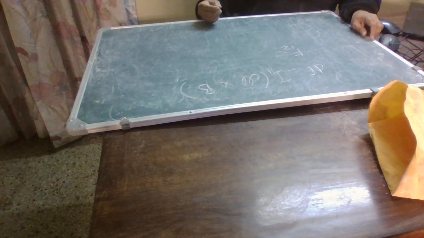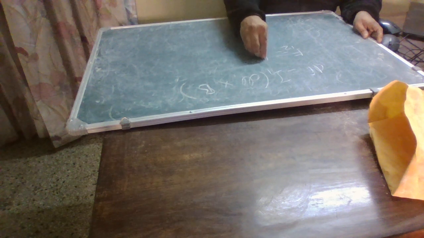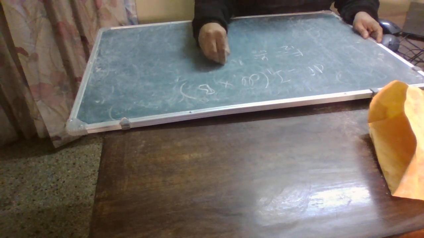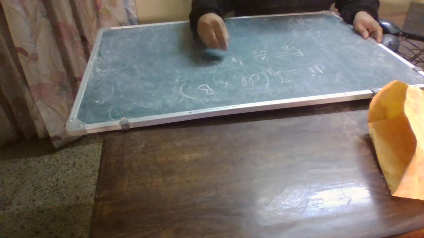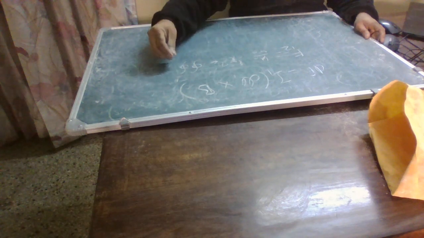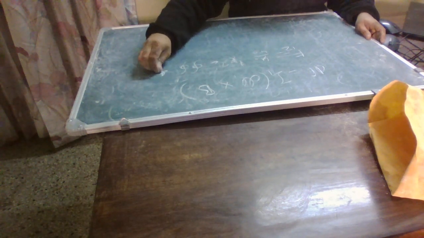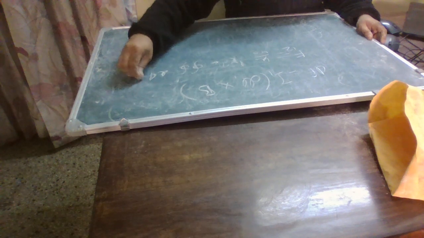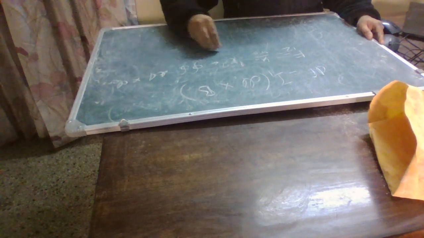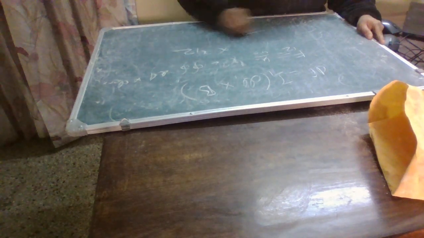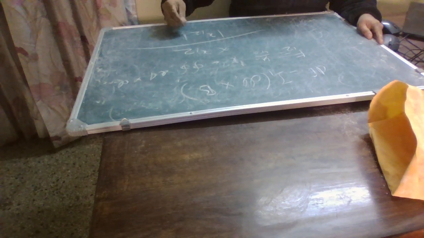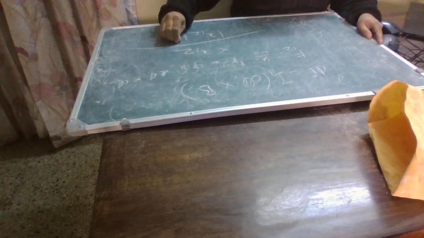So the force that's going to be experienced is F12, equal to mu naught by 4 pi, I1 I2, over the double integral of dl1 cross (dl2 cross x12) divided by the modulus of x12 cubed.